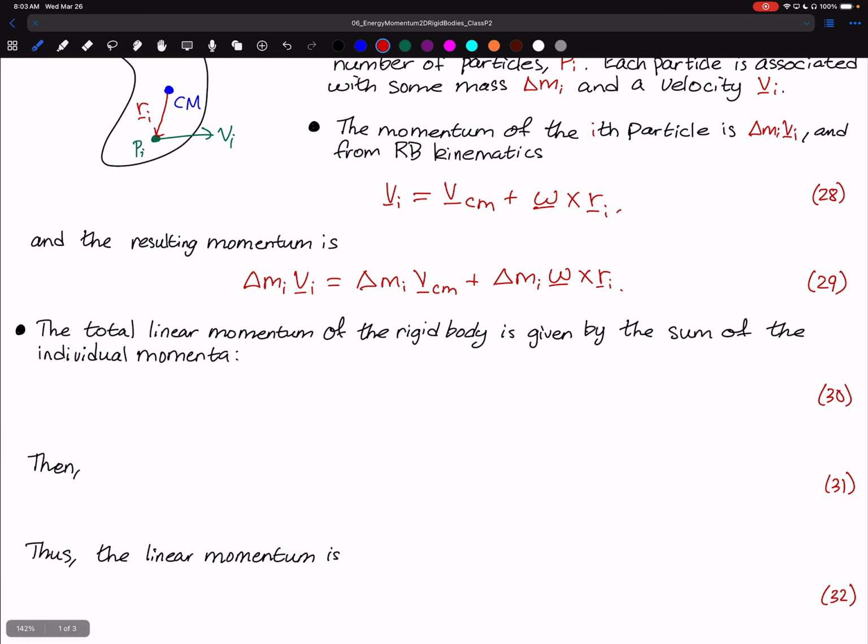Okay, so then we're going to compute the total momentum of the rigid body simply by taking the sum of the individual momenta. We use capital L for the momentum. This is going to be the sum from i equals 1 to n of delta mi times the velocity of our center of mass plus the summation from i equals 1 to n of delta mi times omega crossed with r sub i.